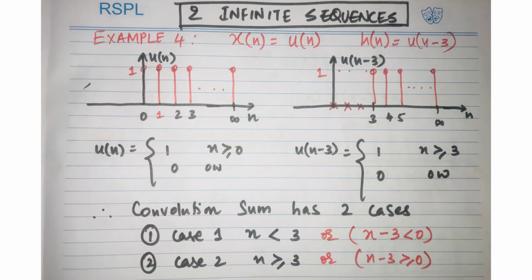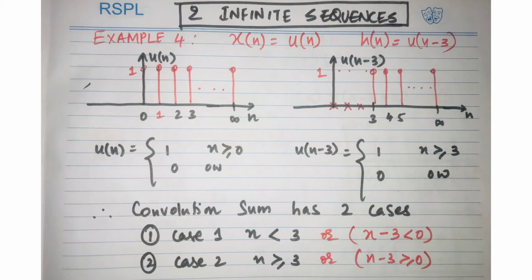The first case will be n less than 3, or I can say n minus 3. How do we get n minus 3? h of n is u of n minus 3, so this time index should be less than 0. That is the starting of u of n.